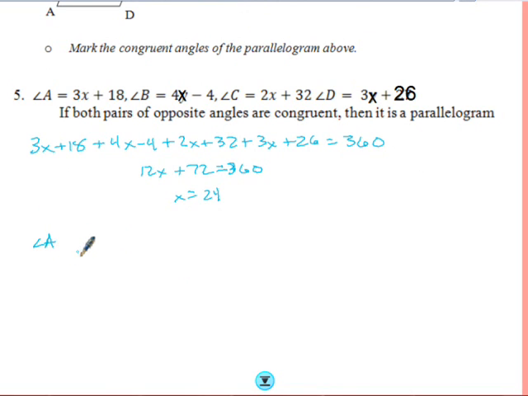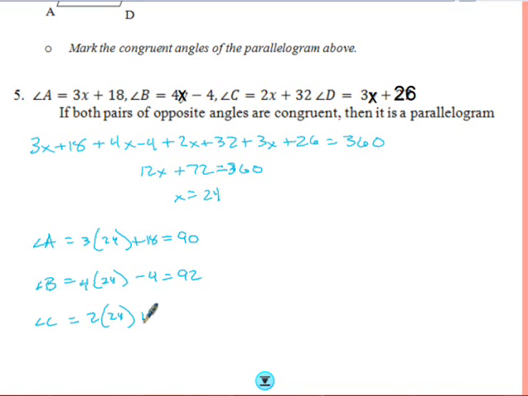Okay, so angle A would be 3 times 24 plus 18, which is 90. Angle B would be 4 times 24 minus 4, which is 92. Angle C is 2 times 24 plus 32, which equals 80.